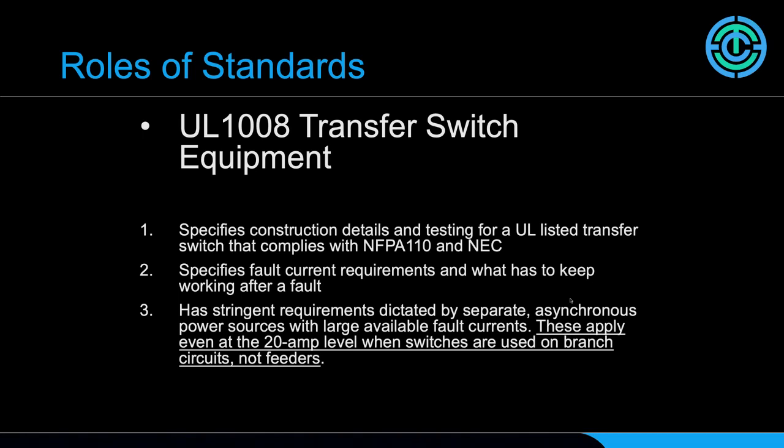So that means separate power sources that are not from the same supply with the large available fault currents. These apply even at the 20 amp level when switches are used on a branch circuit and not feeders. And that's a lot of garble there, but I think it'll make sense when we look at the riser in just a moment of how those transfer systems work and how those UL standards are applied.